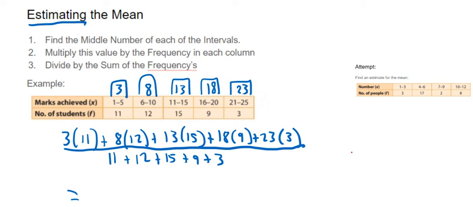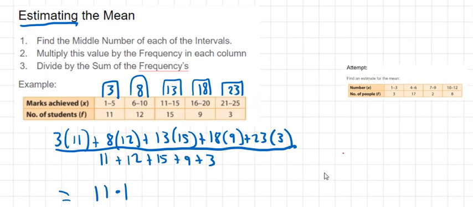Right, so I'm getting 11.1. So 11.1 would be an estimate for the mean there. So my estimate for the mean would be that of all of the students who did an exam, generally they got around 11.1. So my estimate for the mean would be 11.1 for all of the students.